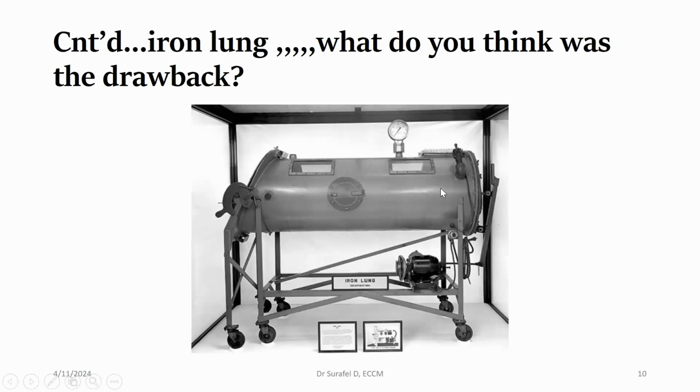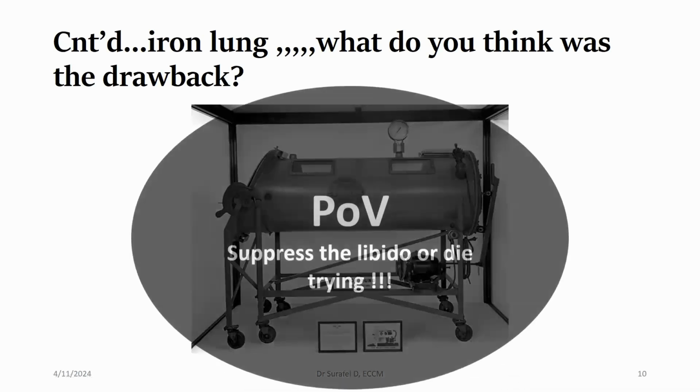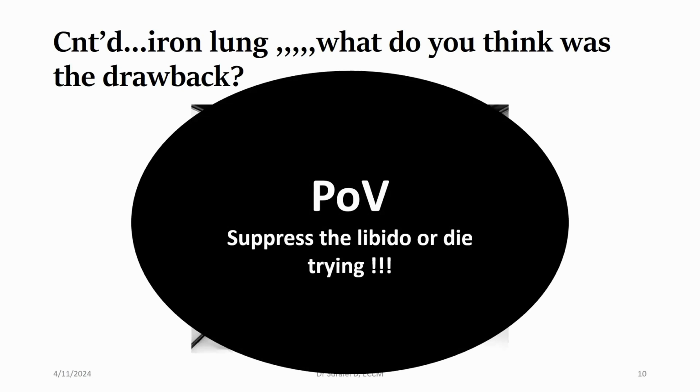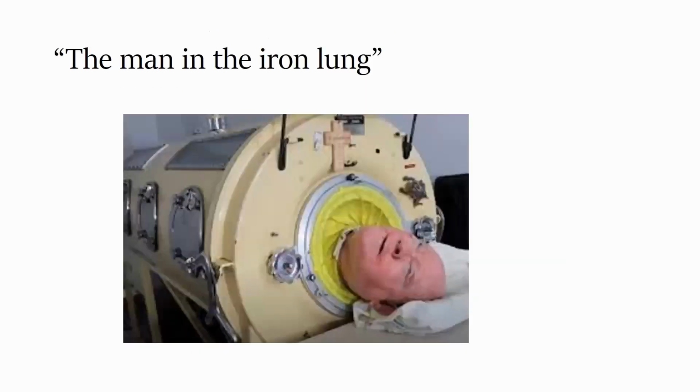You can't ask me how he really did that because it's very difficult. I don't know how you can father a child while you are in a complete iron lung, but he actually did. In my opinion, either you need to suppress your libido or die trying in this patient.